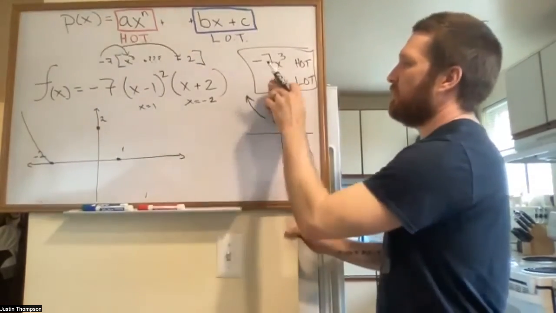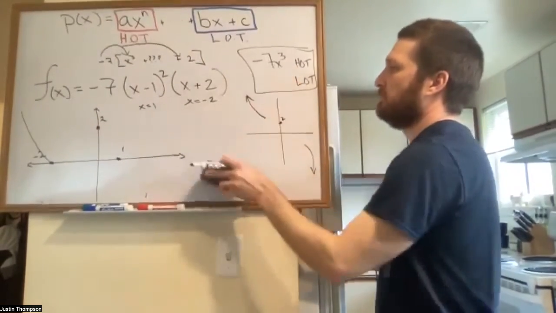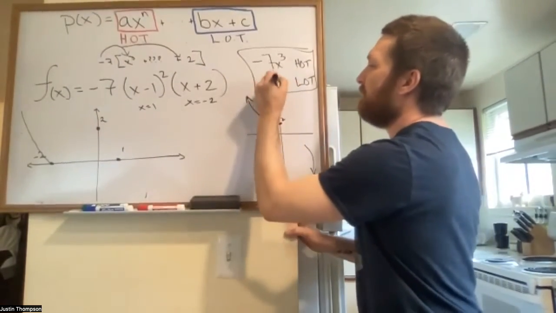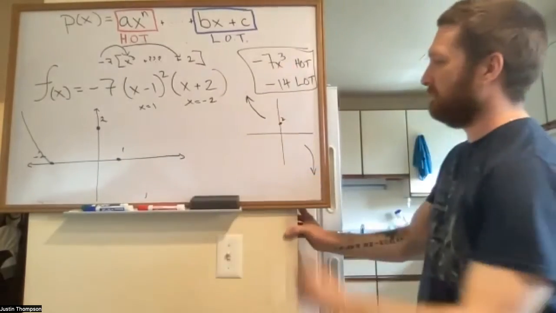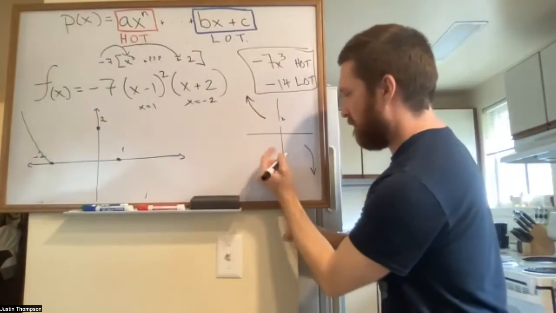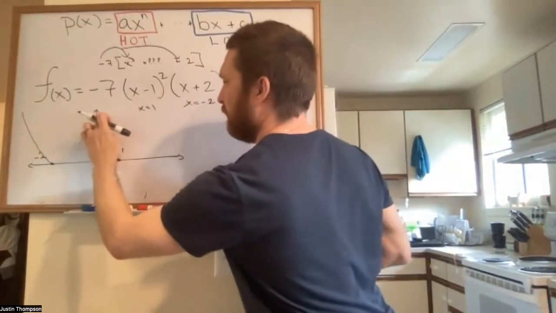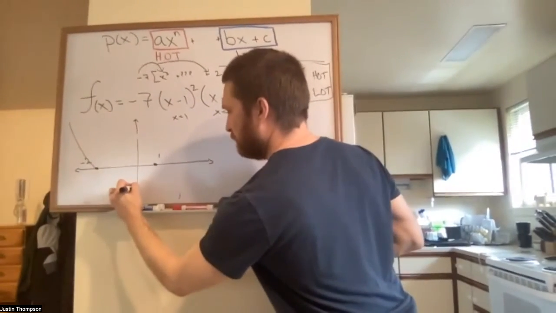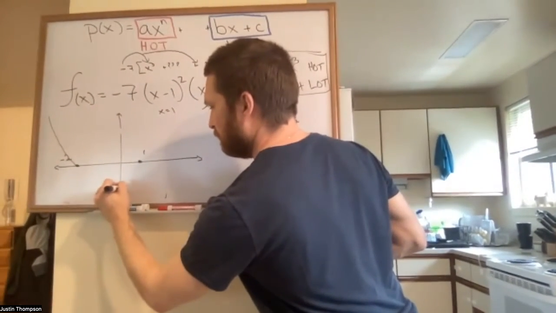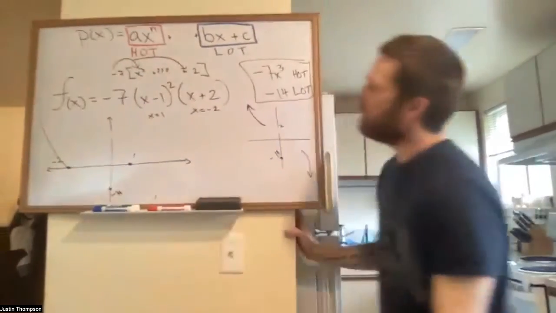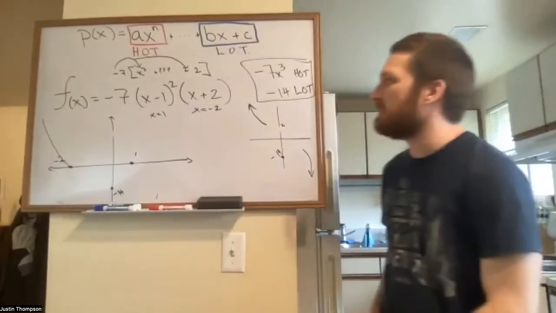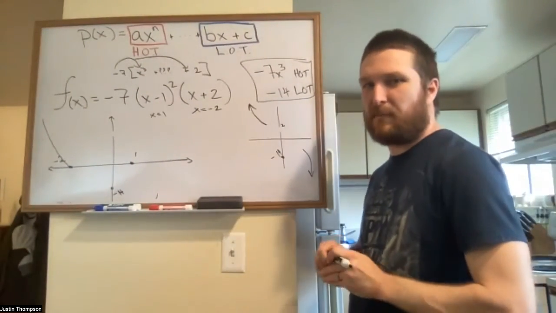The lowest order term should be a negative 14. Sorry about that. Probably good that I messed up. That way we could see what it looks like when you mess up.